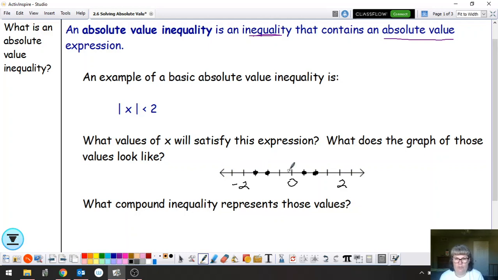So hopefully what you're seeing is the only ones that work are values that are in between -2 and +2. So I can graph this.